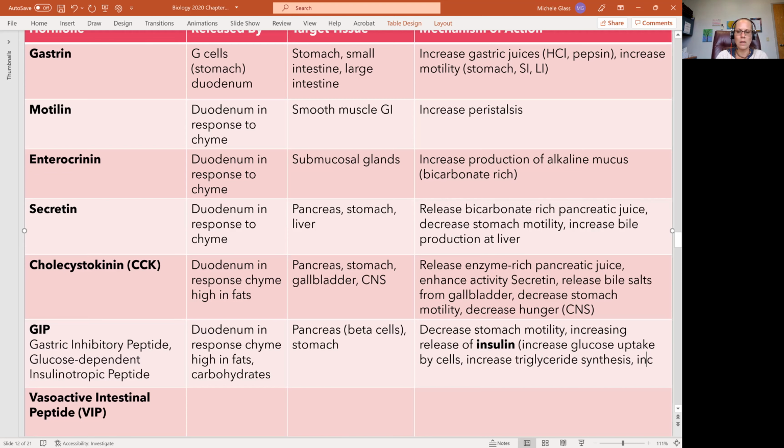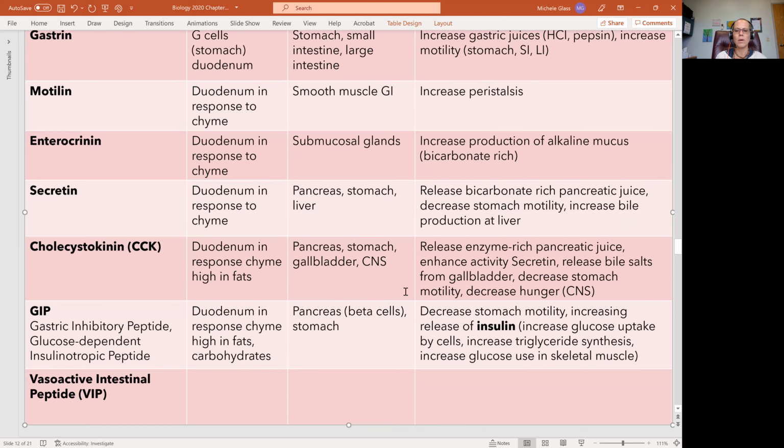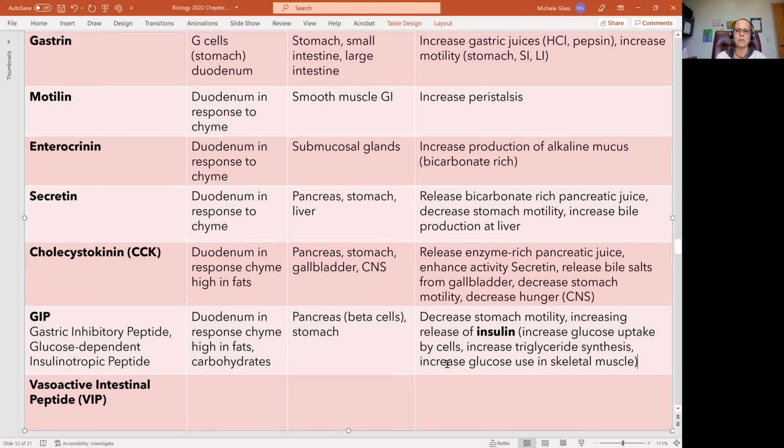And this is also going to increase glucose use in skeletal muscle. And we'll come back and talk about these things again a little bit more. We've talked about insulin already in the endocrine system when we talked about diabetes and the regulation of glucose. So this should be some repeat information for you.